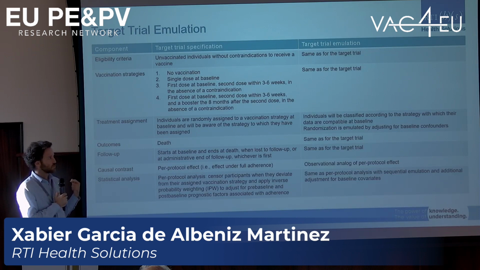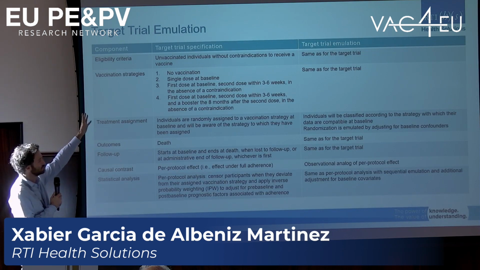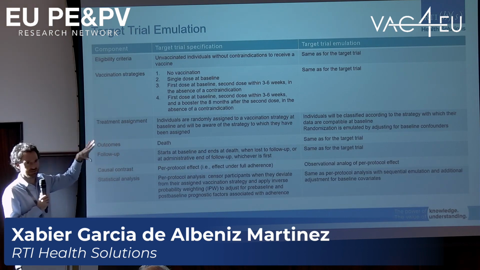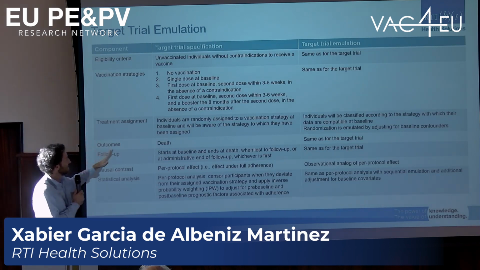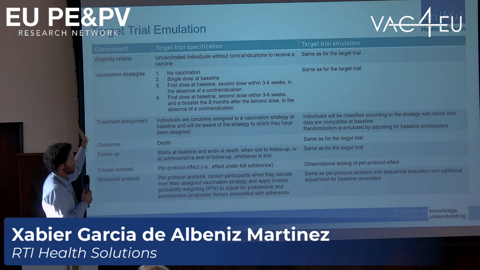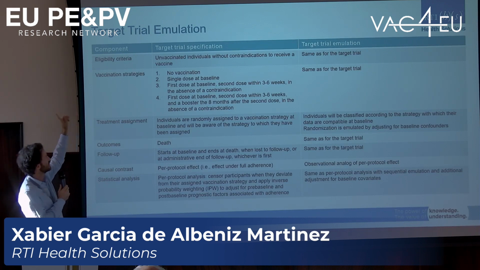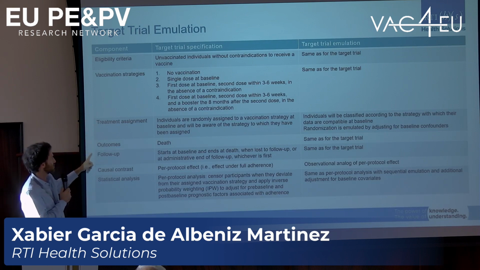To solve this design, the first thing we do is create this table, which, if you have read target trial emulation papers, is in every paper. In this table, each row is one of the components of your target trial: eligibility criteria, vaccination strategies, treatment assignment, outcomes, follow-up, causal contrast, and statistical analysis.